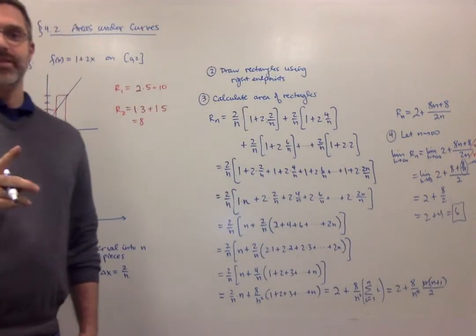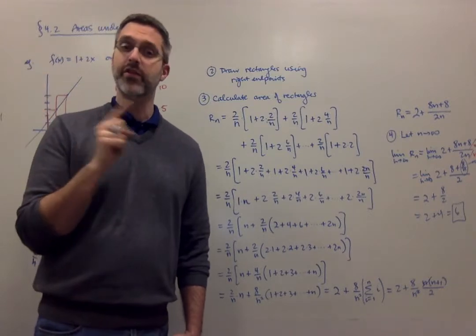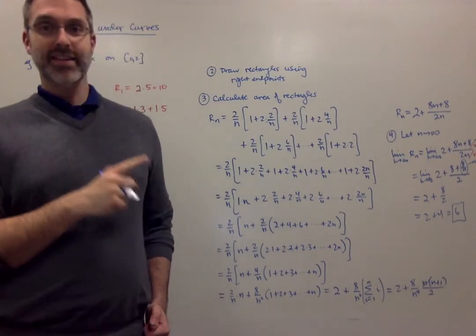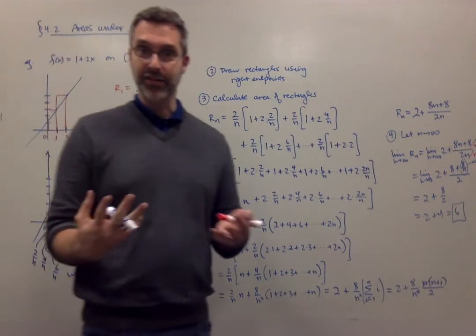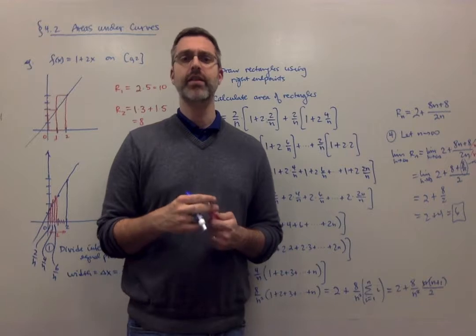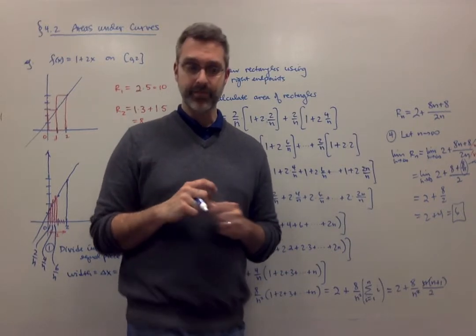So you might think, well, why did we do this if we got the same number as before? But the thing this should tell you is that doing this seems to give you the right answer. This is only one example of it giving you the right answer, but it seems to. Does that make sense?